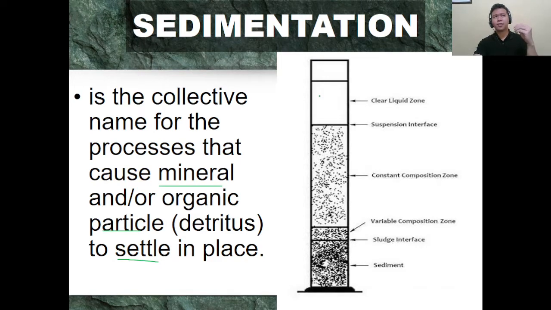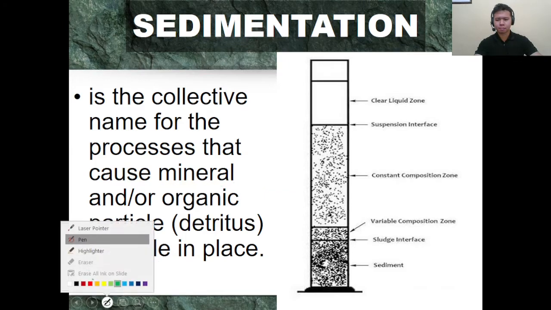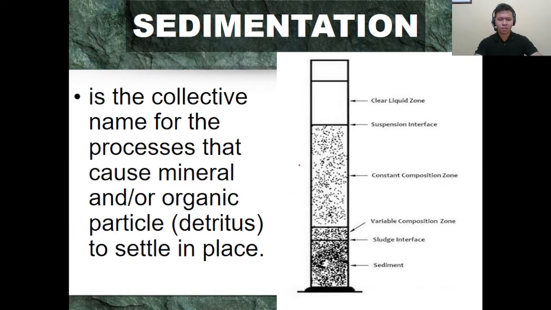So let's say, for instance, because of weathering, sediments are broken down into smaller pieces and later on eroded into the water bodies. Once exposed within the water bodies, the sediments will settle at the bottom. Okay? So they will sink and eventually accumulate at the bottom portion of the water body.